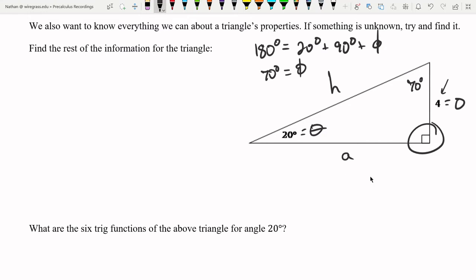Okay. Now, using this information, we can find the hypotenuse and adjacent by using the right triangle trig. So first off, we have sine of theta. I don't have to actually use theta. I can just use 20 degrees. But sine of this angle is going to be opposite, which we know is 4, over the hypotenuse, which we don't know.